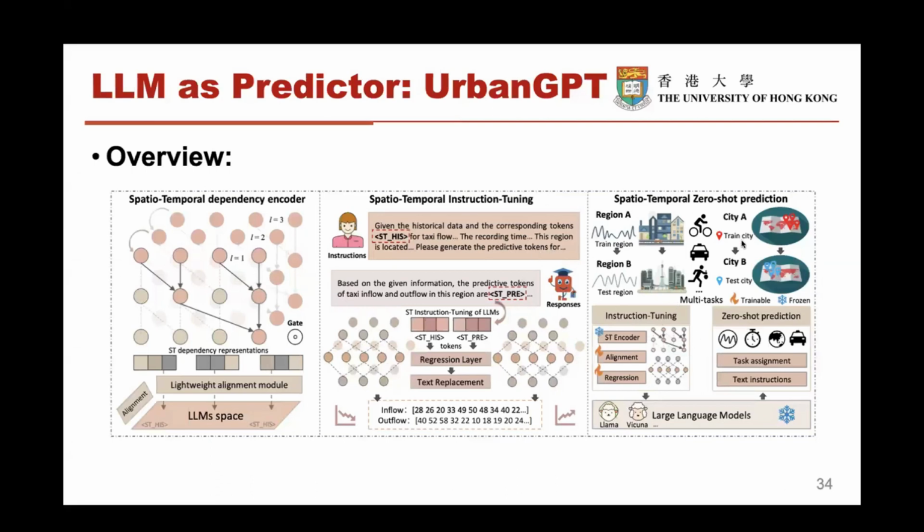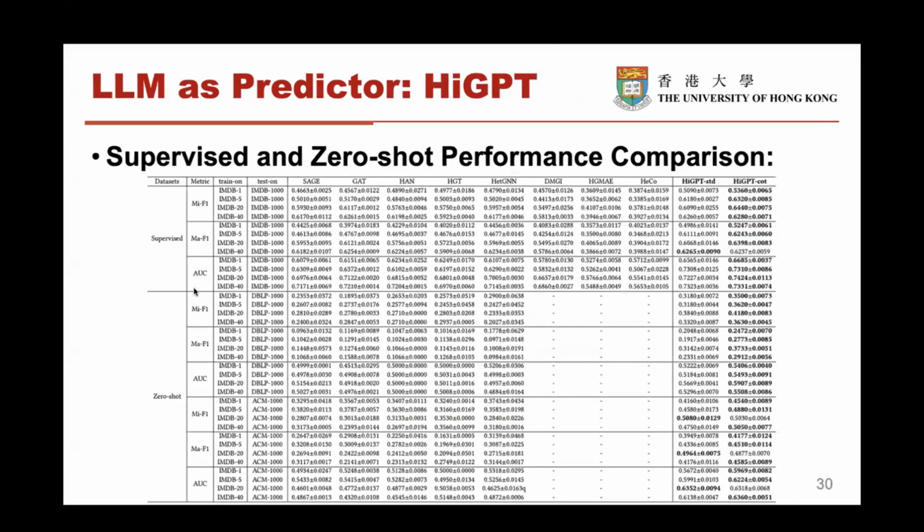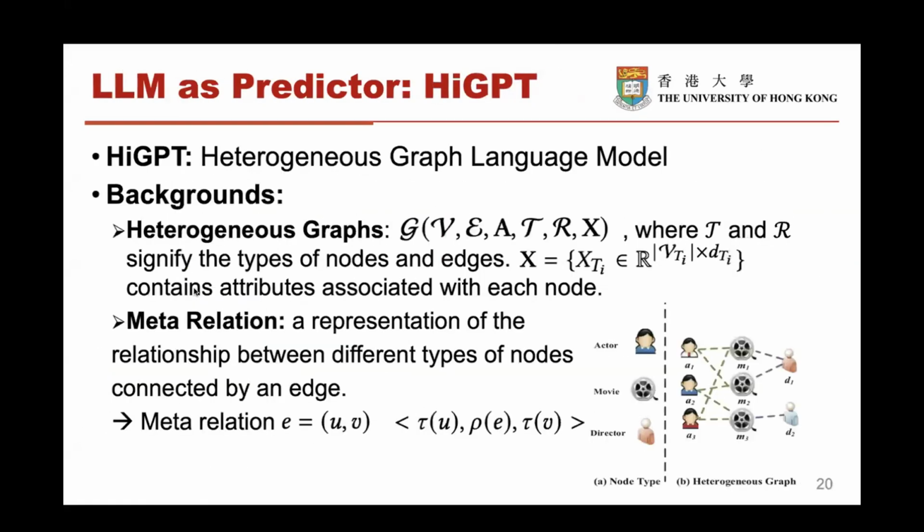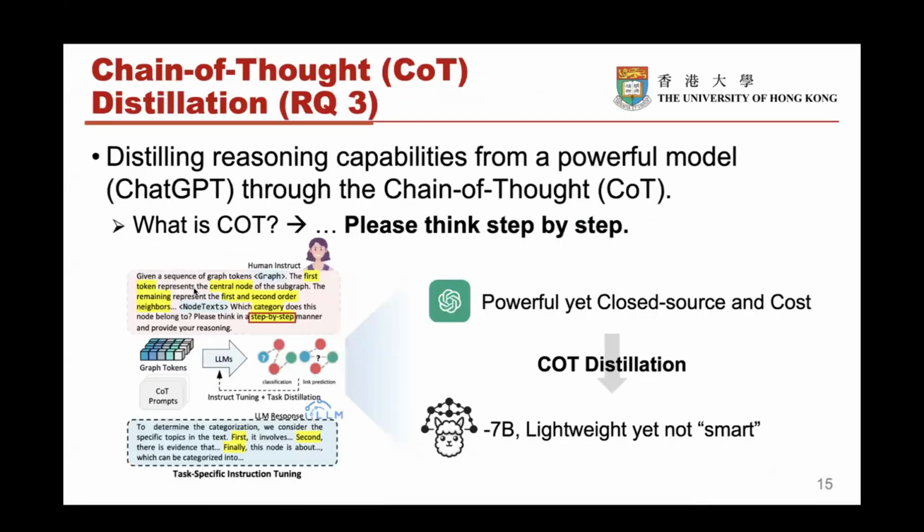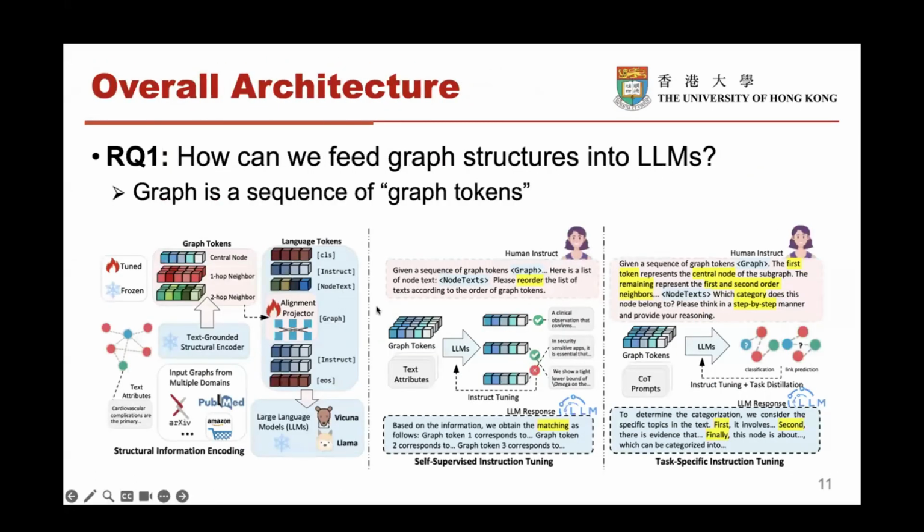Actually, I have a question. In your first work, you project the graph node embeddings into the latent space of the text language model, right? I'm curious, is it one single token or multiple tokens? The number of tokens is based on the scale of the graph.